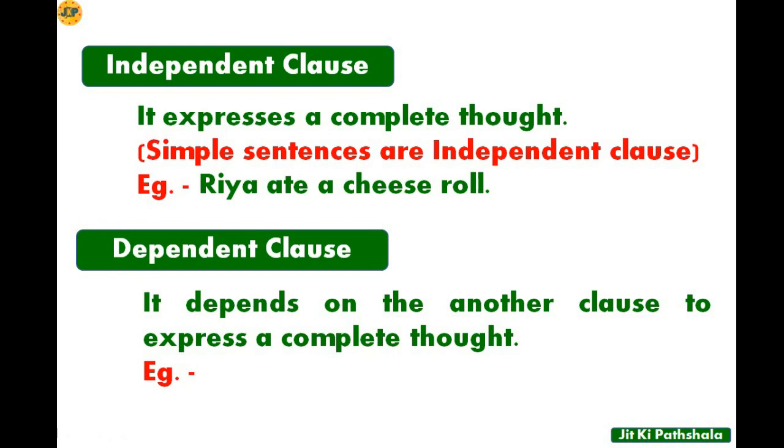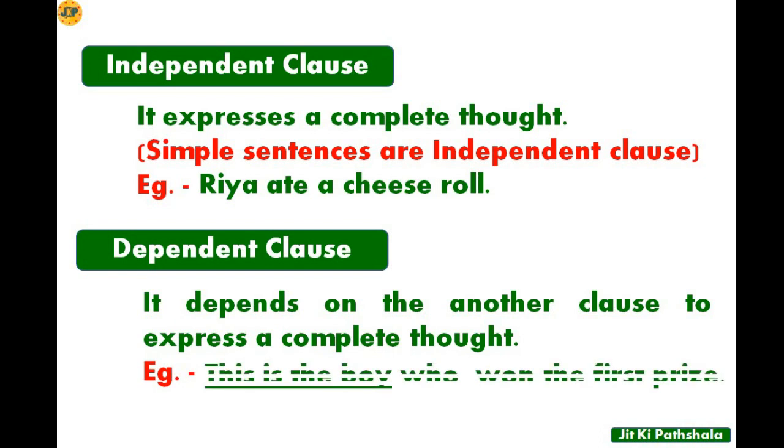For example, you can see here, this is the boy who won the first prize. Now, if I say only "who won the first prize," I will not understand what it actually means. Who is the one? But when I take another clause, this is the boy who won the first prize, then it gives us a complete meaning.